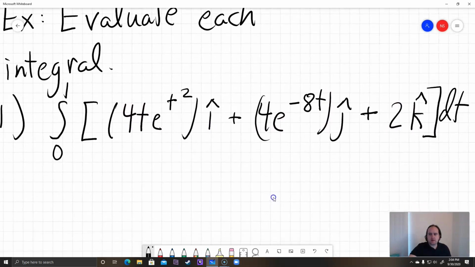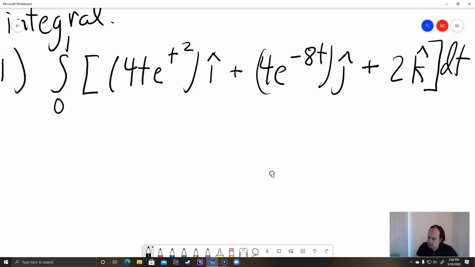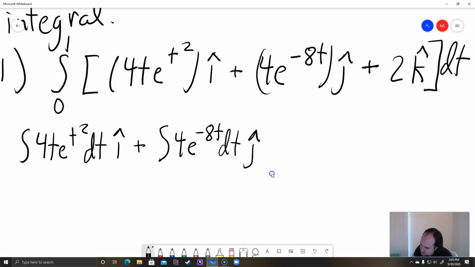Just for this first one, I'll go ahead and write out all the notation. What this means is we're integrating 4t e to the t squared dt times i, plus the integral of 4 e to the negative 8t dt times j, plus the integral of 2 dt times k.